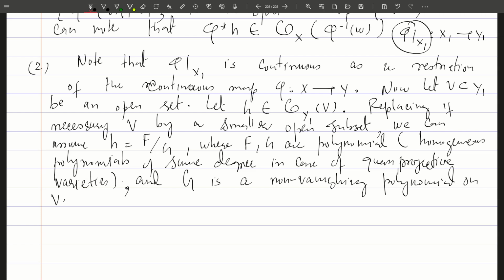So this quotient also defines a regular function.